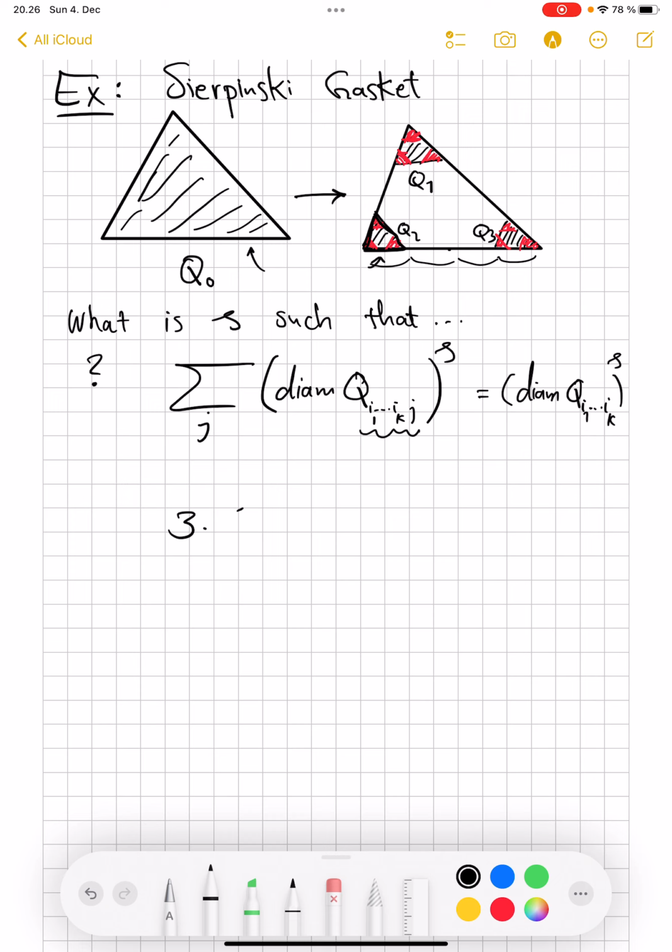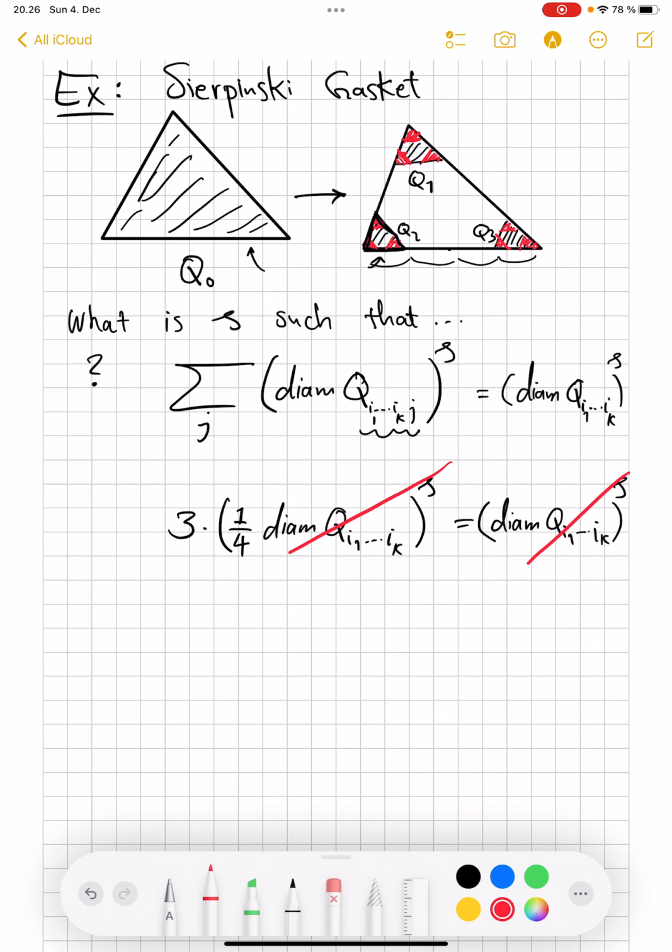Okay, so 1/4 of the diameter of its parent, which is I1 to ik to the power s. So we have, this is for the number of j's, and we require that to be equal to the diameter of Q i1 to ik to the power s. But then this is the same quantity here and here, it cancels out, so you get that 3 times 1/4 to the power s must be equal to 1.